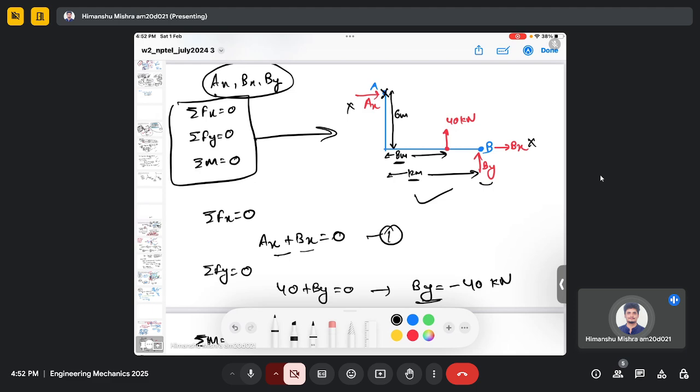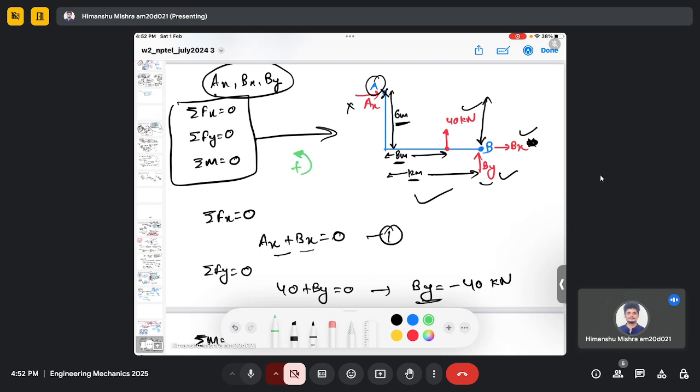For Bx my perpendicular distance is 6 meter. So these three forces will induce a moment at point A. So we figured out the perpendicular distances. Now we need to figure out the sign convention.